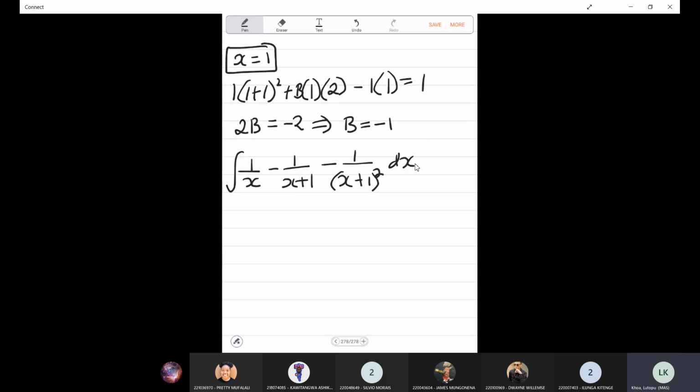So integrate this, ln of x minus ln of x plus 1, and then here we have plus 1 over x plus 1 plus c.